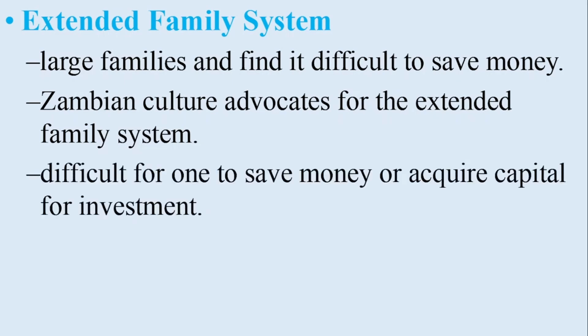Saving becomes difficult because there are more requirements to fulfill at home. There are school fees to pay, some kind of entertainment, you need more food, you need more of everything. That makes it difficult to save and enter into any kind of investment.